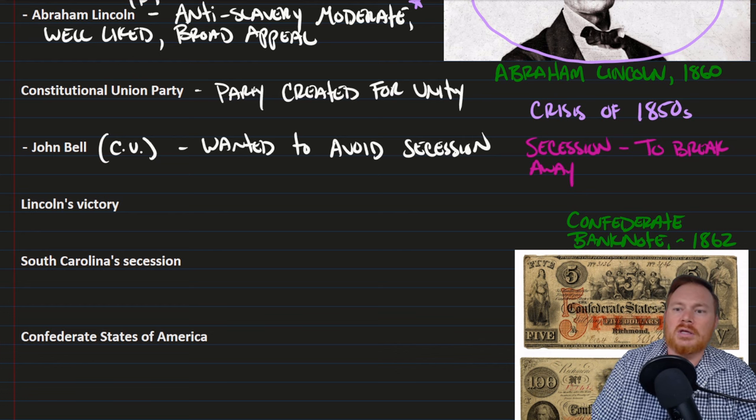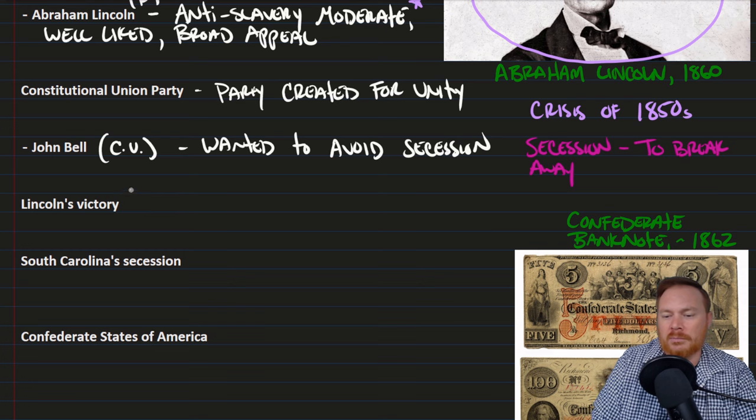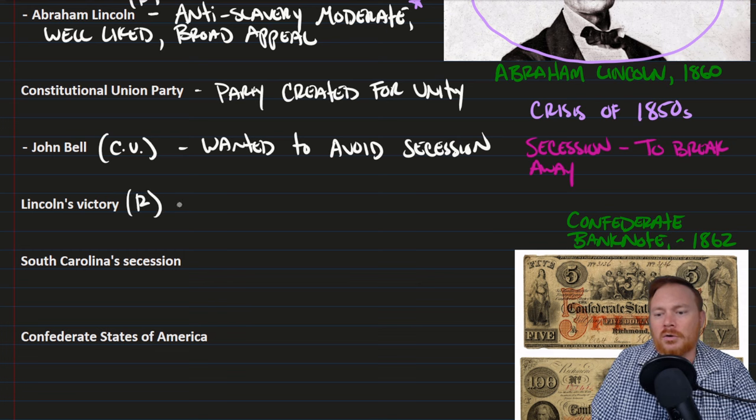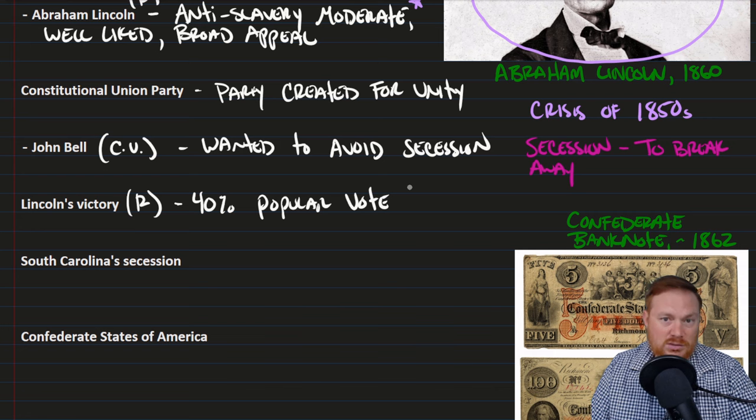And when the election was all said and done, it was Abraham Lincoln, the Republican Northerner, who ended up winning the election. Lincoln got 40% of the popular vote. And it was his victory in this election that led to the immediate secession crisis.